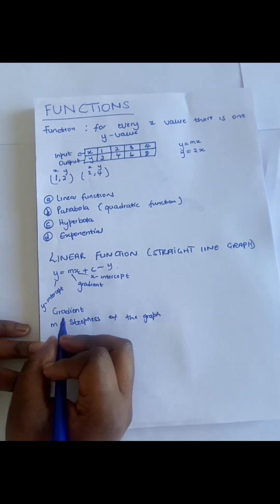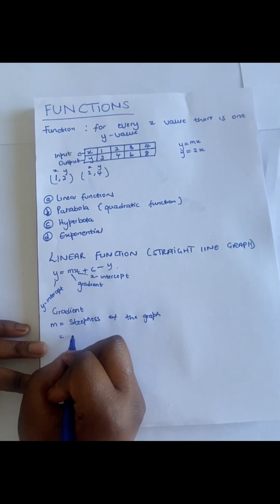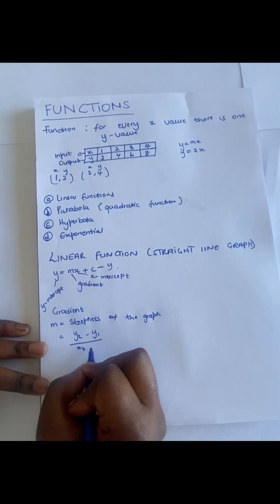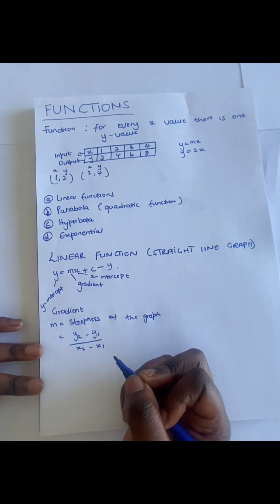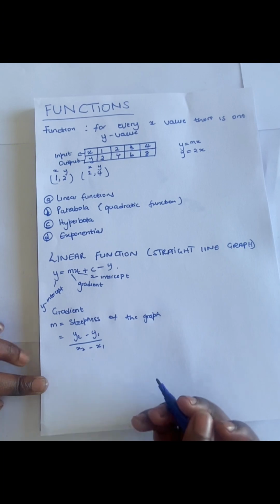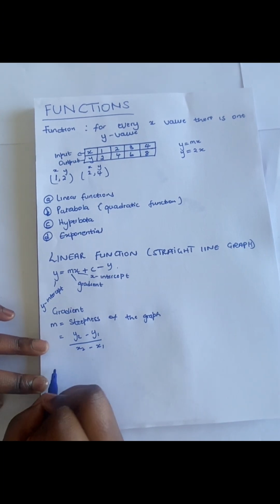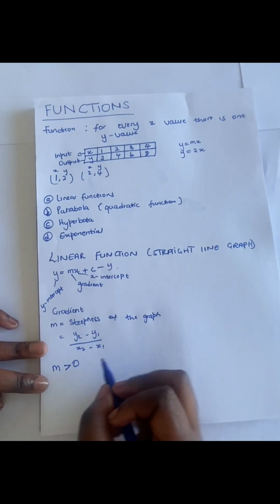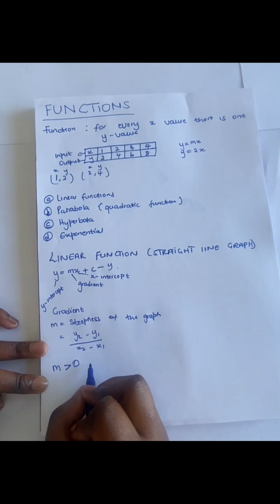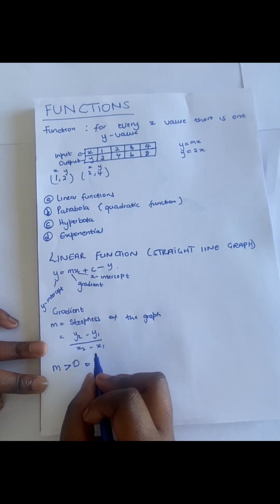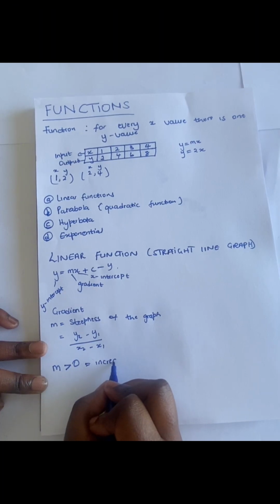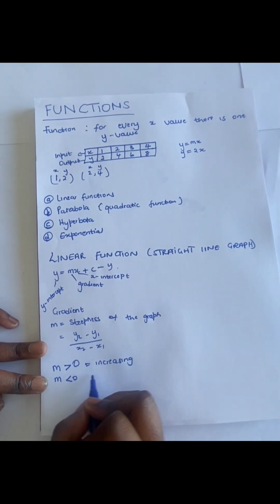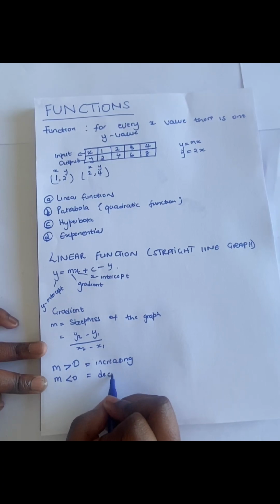Okay, and here is a way of calculating: m is equal to y2 minus y1 over x2 minus x1. All right, so in a straight line graph, if gradient is greater than 0, your graph will be increasing. And if gradient is less than 0, your graph will be decreasing.